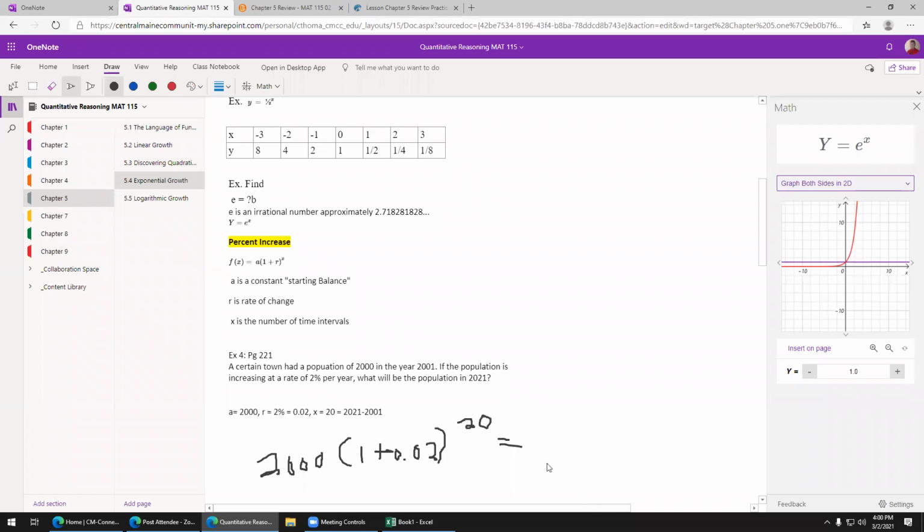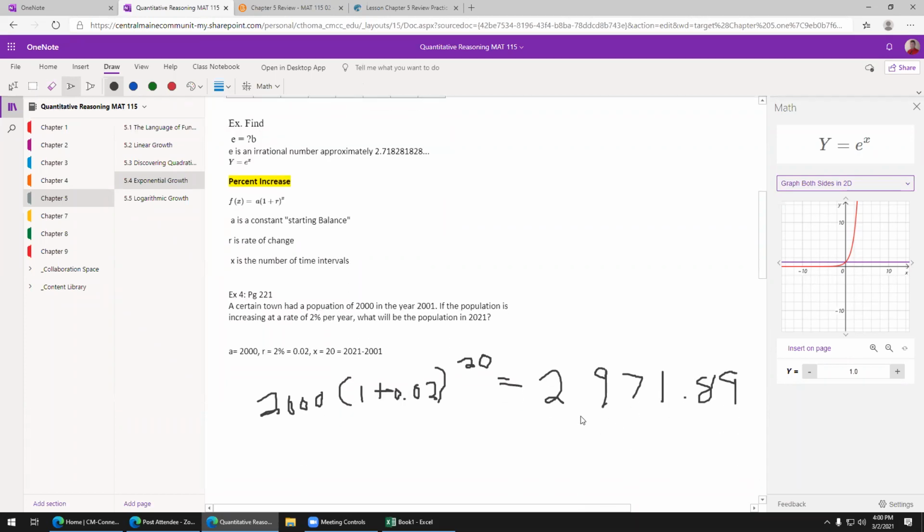And I get 2971.89. And again, we round to the nearest person, so 2,972. So in 20 years, if our population follows this exponential growth, we will gain basically 972 people according to this formula if it continues down this path.